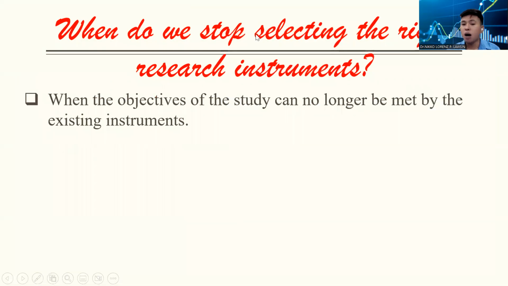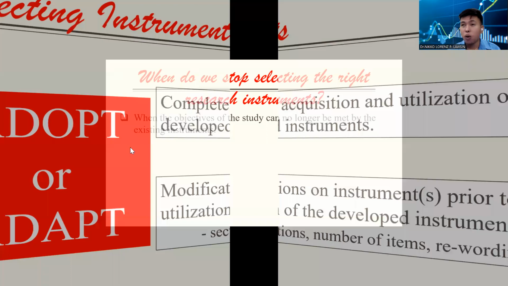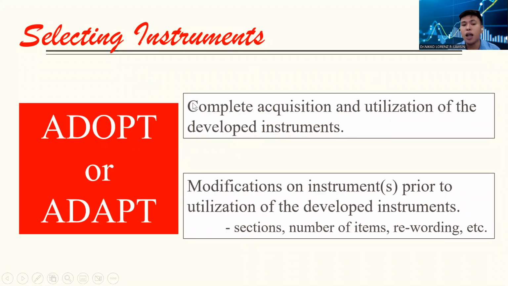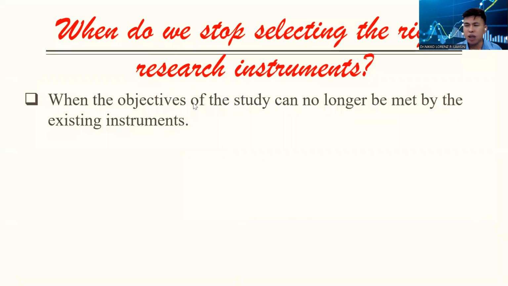So when do we need to stop selecting the right research instrument? For example, you just want to adopt with the letter O. Adopt, then utilize. So when do we stop selecting? Number one, when the objectives of the study can no longer be met by the existing instrument.